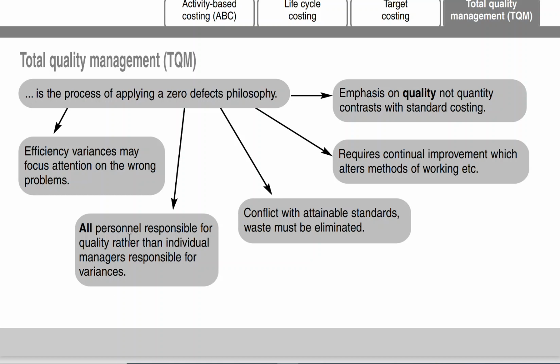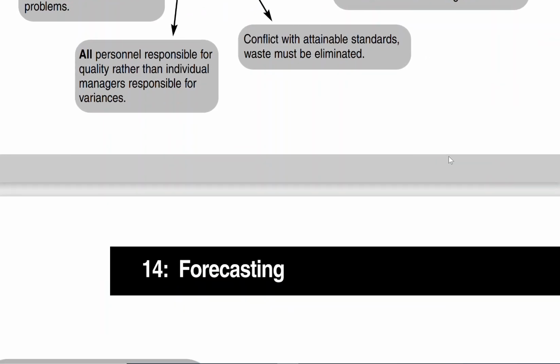And total quality management says all people should be responsible for quality, not one specific department. The person buying the product, the person making the product, the person selling the product, the person delivering the product. All of them are responsible for quality. Total quality management says there should be continual improvement, as I explained.